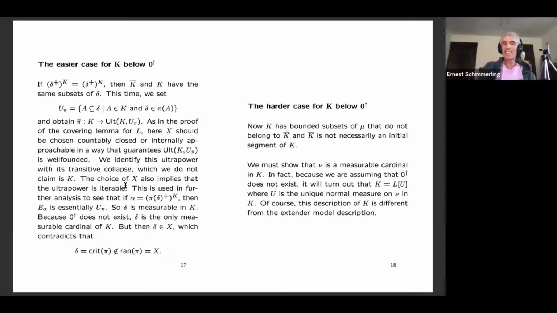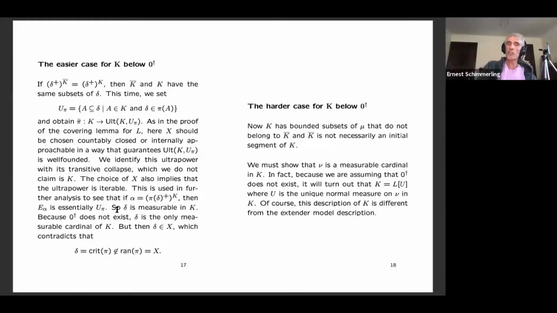I should say something about iterability, but I'll leave that out temporarily. The iterability of the ultrapower is used with some further analysis to see that if alpha equals pi of delta plus in K, then E alpha is essentially U pi.